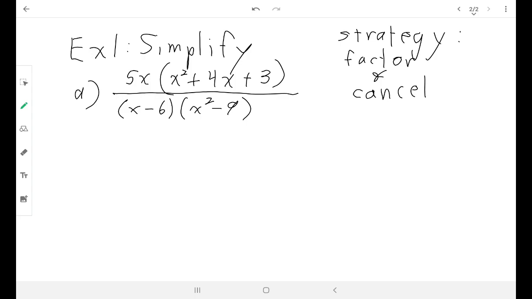So, notice that up here I have this trinomial, this quadratic here, and because there's nothing in front of the x squared, I want to say, what two numbers can I multiply to make 3 and add to make 4?